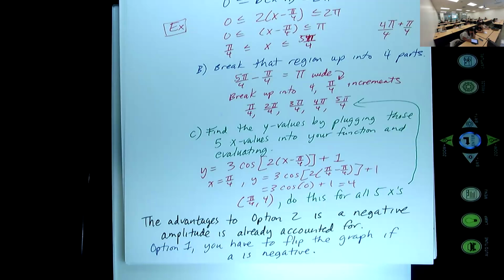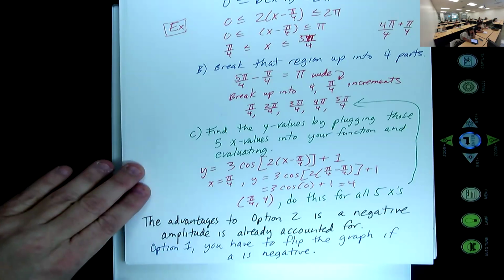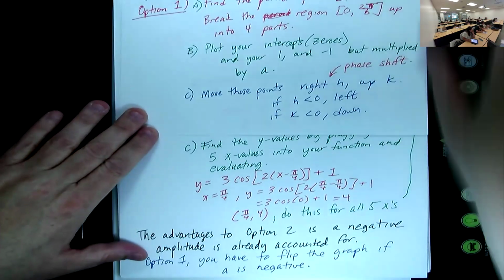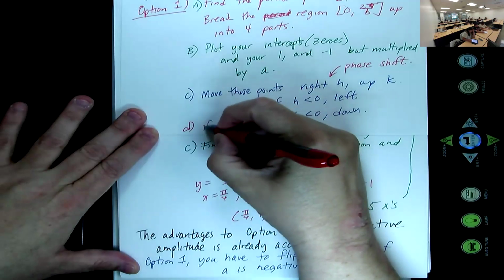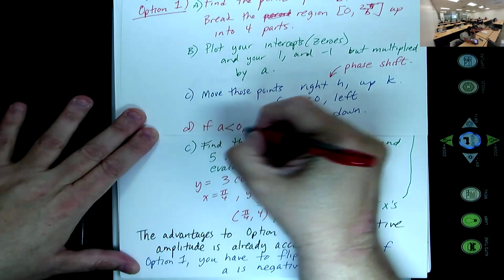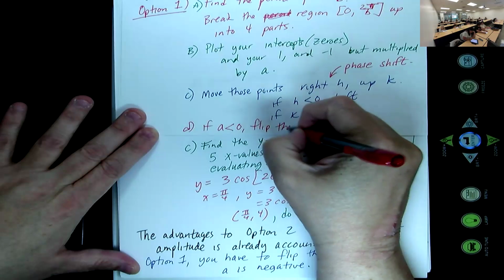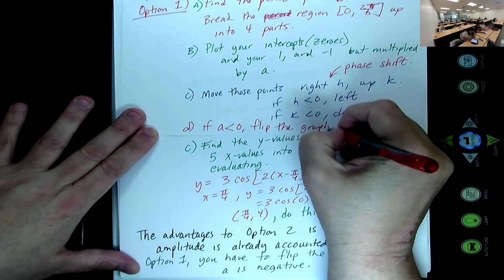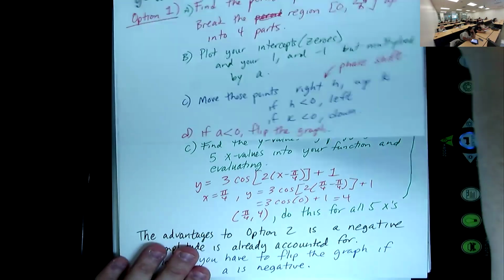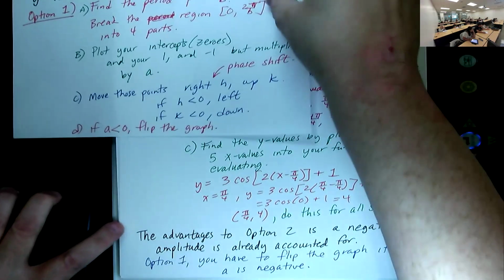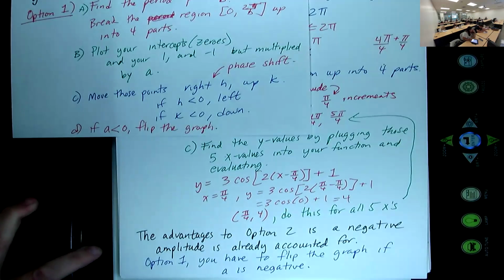It's easy to forget the negative part. Let me go up here, it's here. If A is less than 0, flip the graph. That's what I changed on the previous page.